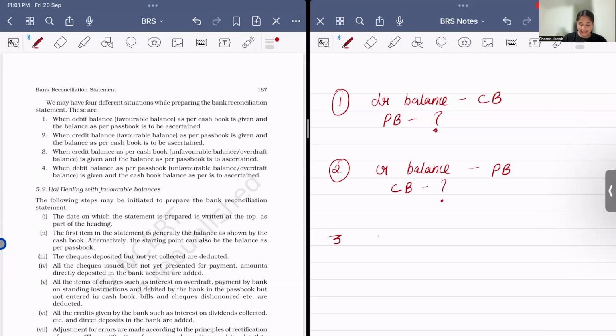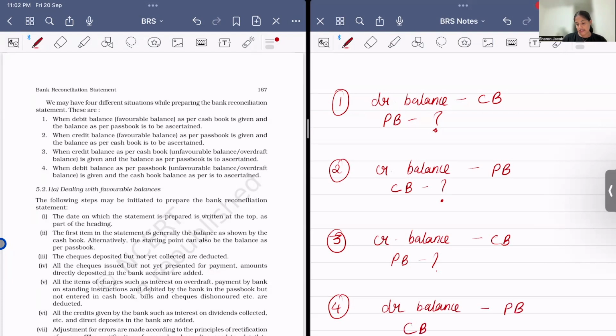Three, credit balance as per cash book we have to find passbook balance. Four, debit balance as per passbook, we have to find cash book balance.